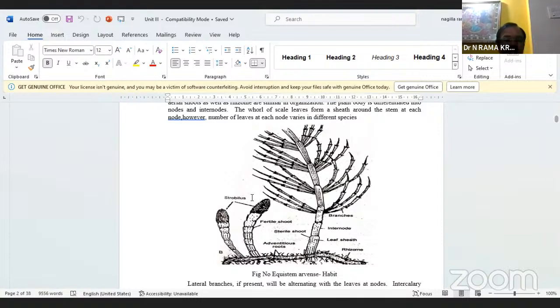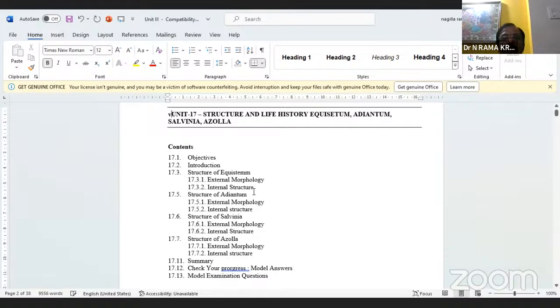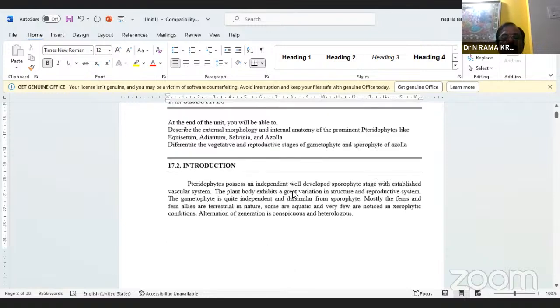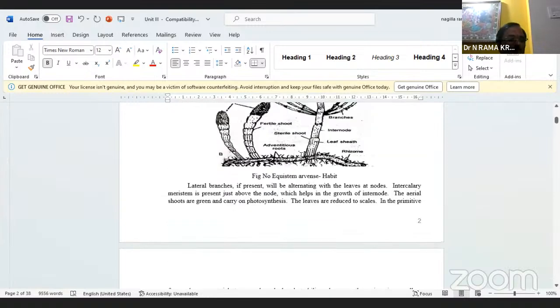Generally the strobili or cones of Equisetum develop at the terminal part of the ordinary green shoot; that's why we call it the fertile shoot, or fertile branches. In some species they occur at the apex of short-lived fertile shoots.